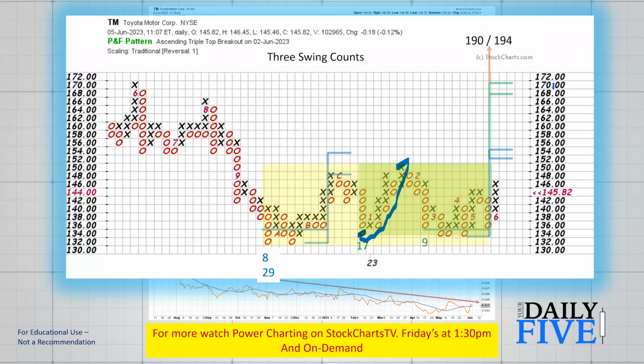But also, we can take the whole area we defined in the vertical chart all the way across, 29 columns of count, times 1 times the scaling of 2 points. So 29 times 2 added to the low and the count line gives us a count objective of 190 to 194.